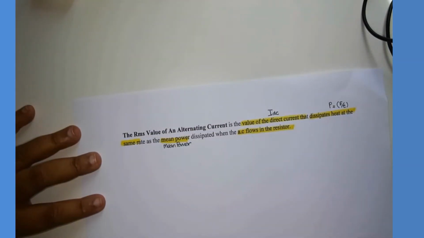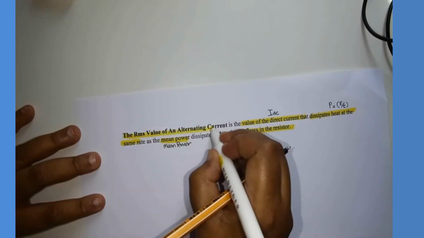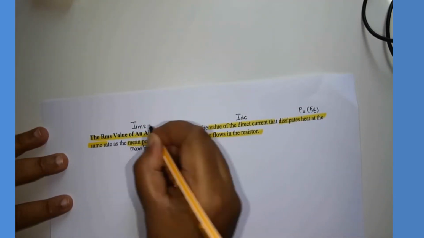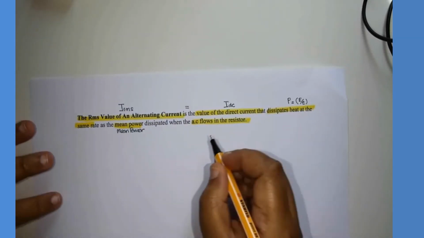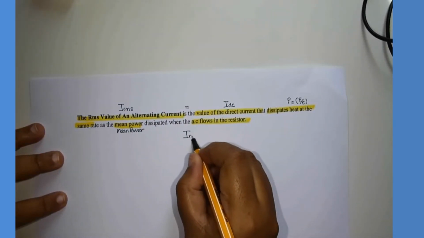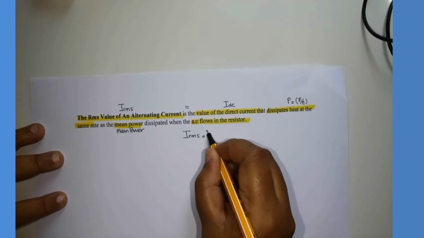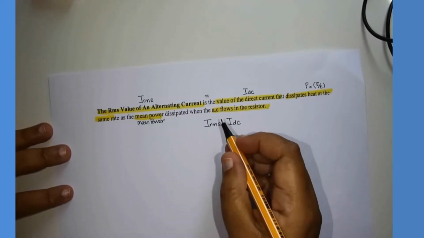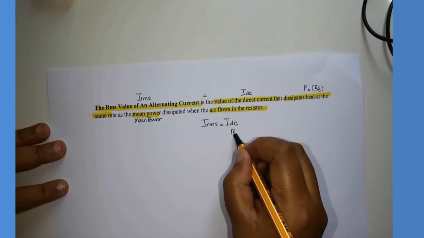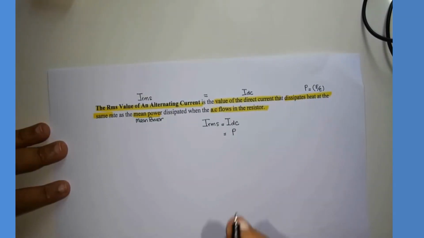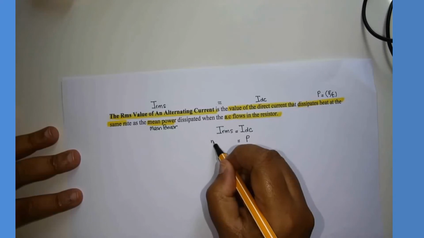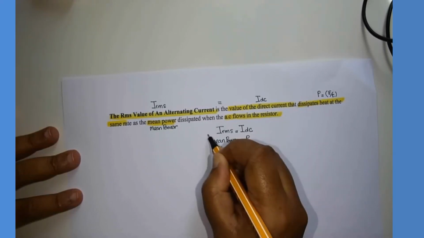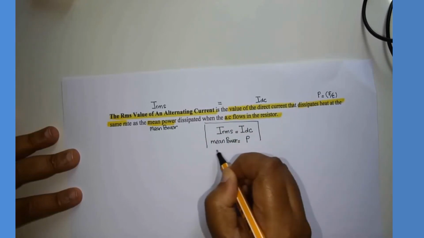So IRMS is the value of the direct current that dissipates heat at the same rate, that means P, as the mean power. This is what the definition is trying to tell us.